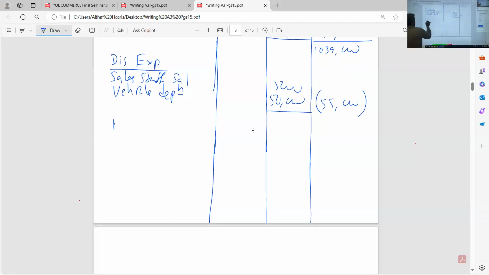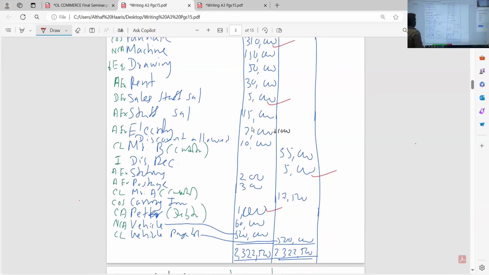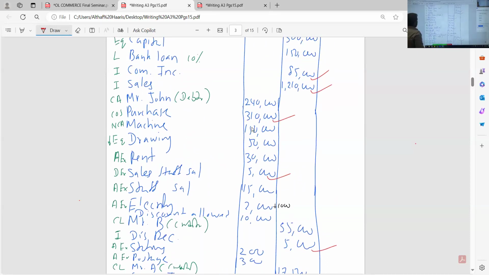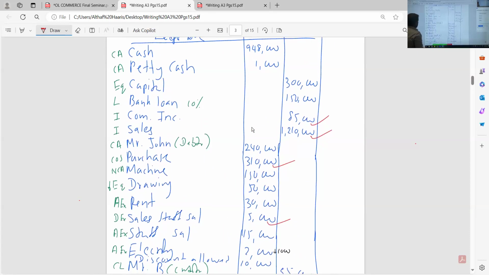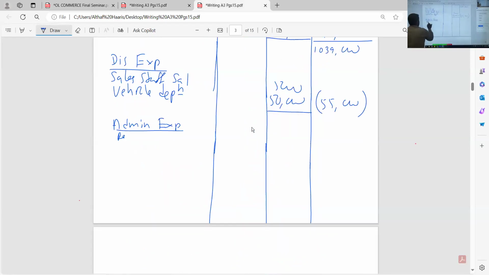Then the next one, admin expenses. So what are the admin expenses that we have? Let's see, one by one. Rent 30,000. Staff salary 15,000.